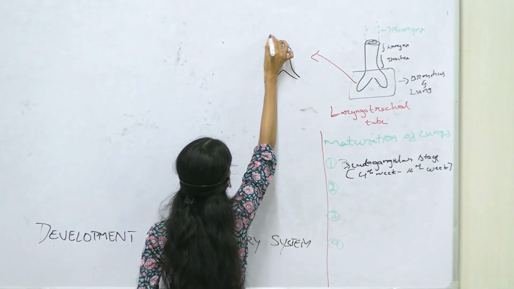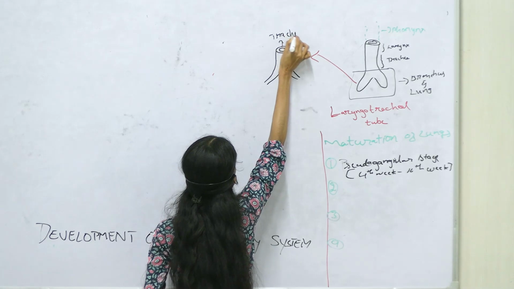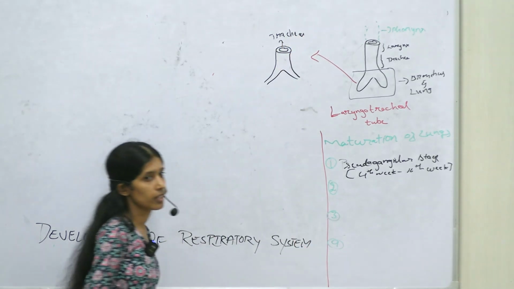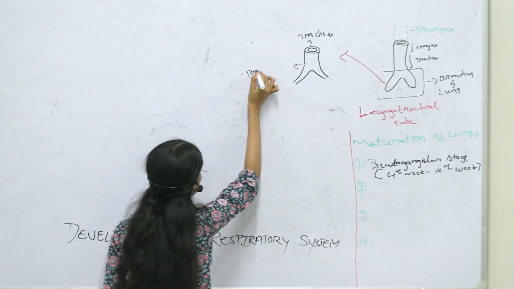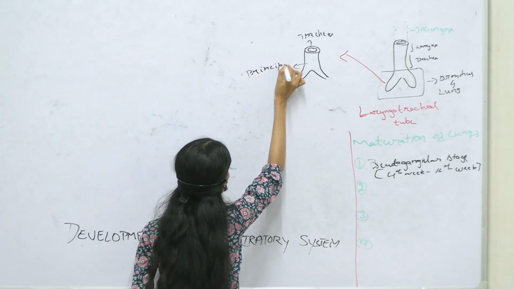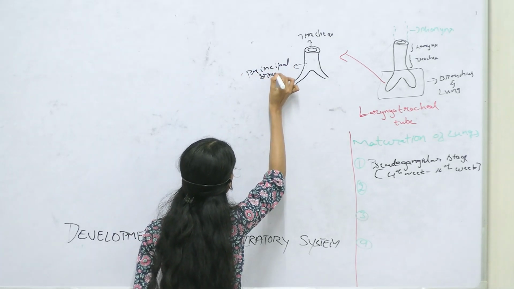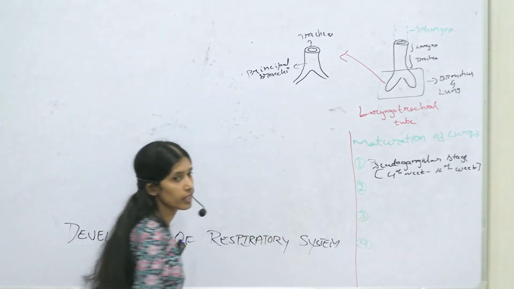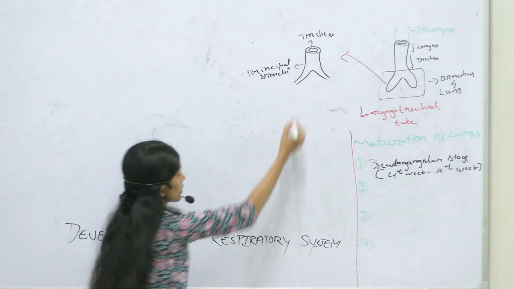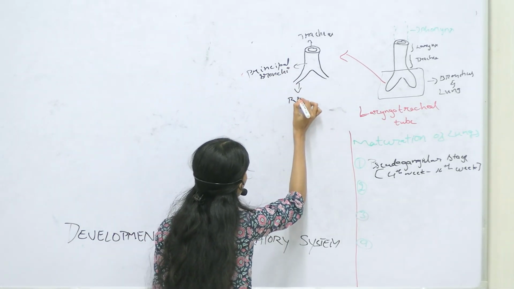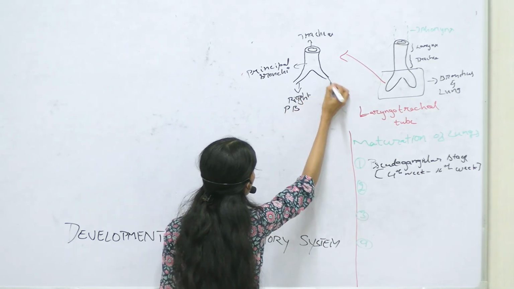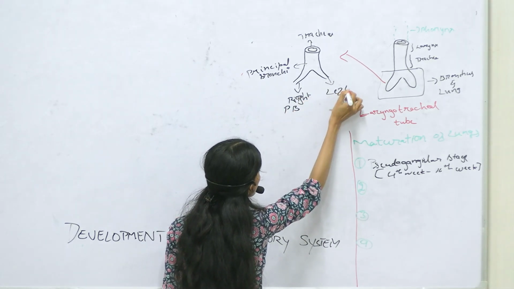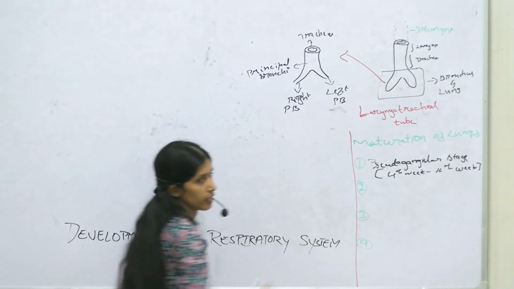This is your trachea. Okay. In this part, we can see the formation of principal bronchi. And that principal bronchi is again dividing into right principal bronchi and left principal bronchi.